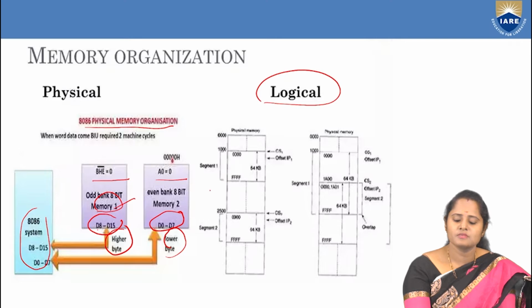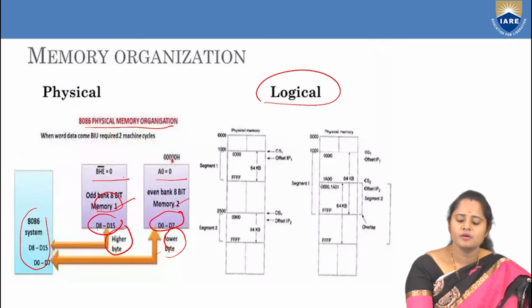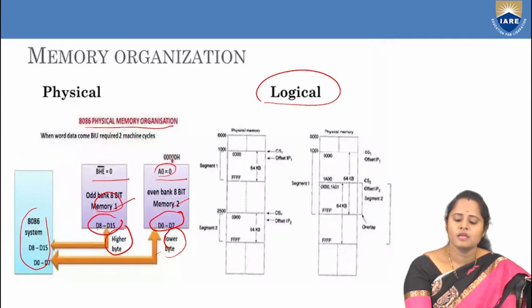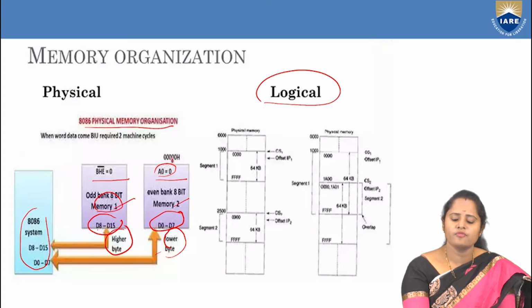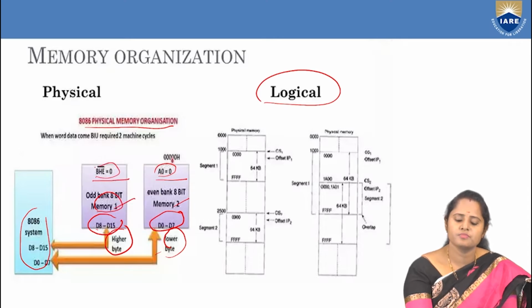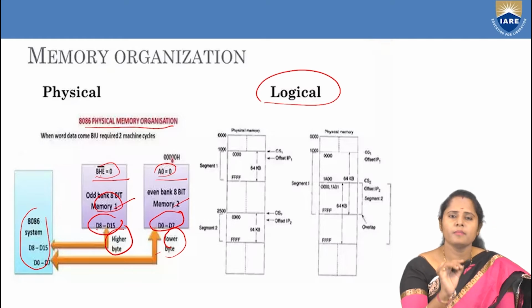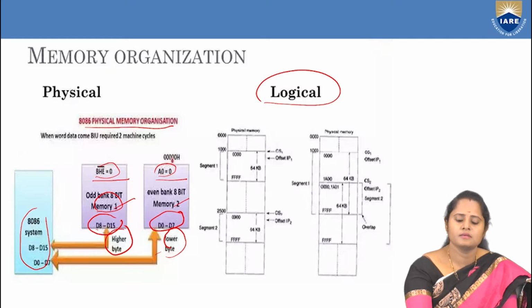It is indicated as memory 1 and memory 2. In order to determine which data should be present on the bus, we use A0. If A0 is equal to 0, it means that you are going for the even bank, D0 to D7. If it is 1, then you are going for the odd bank, D8 to D15. So always make sure BHE bar is taken.